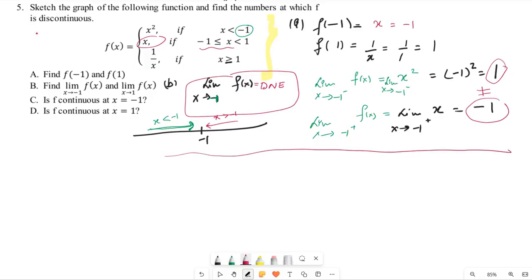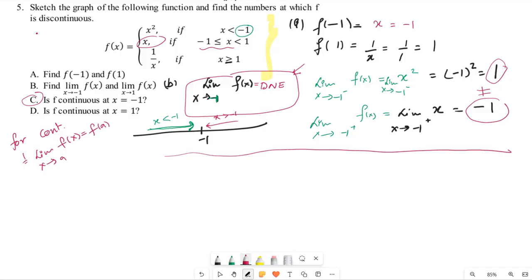Okay. Before I move forward, I'm going to answer part C. Part C asks if the function is continuous at -1. For continuity, you need the limit to exist, and it should be equal to the value of the function at a.